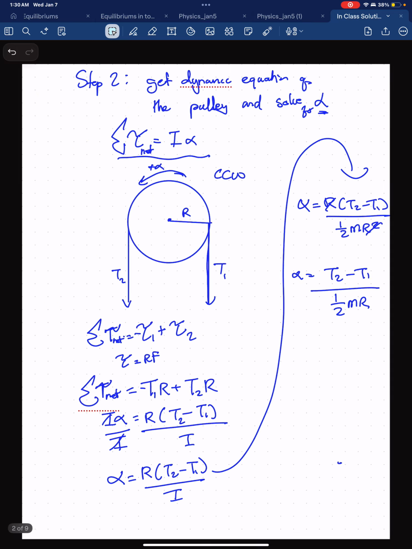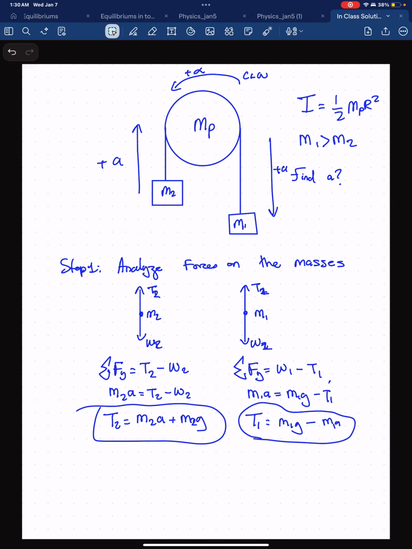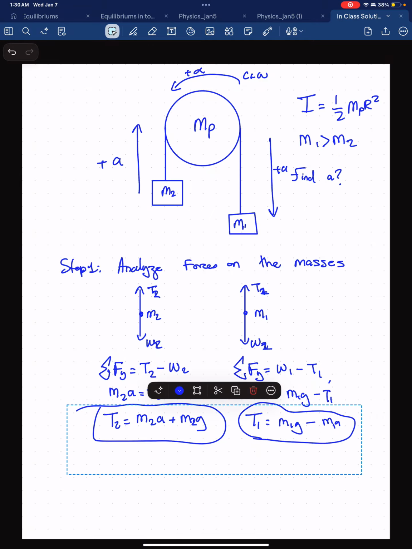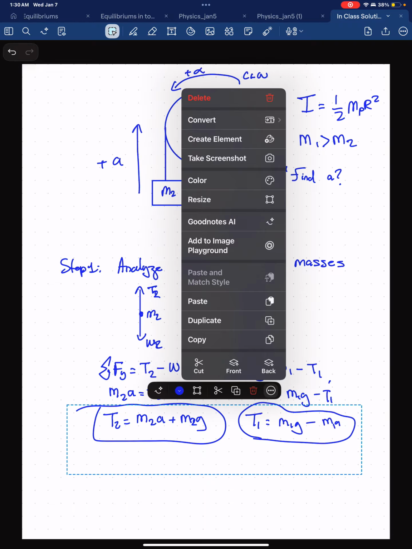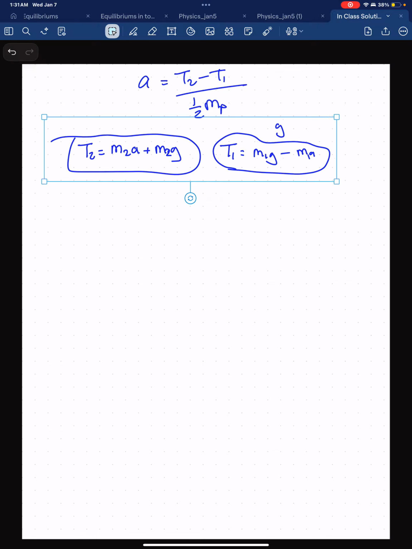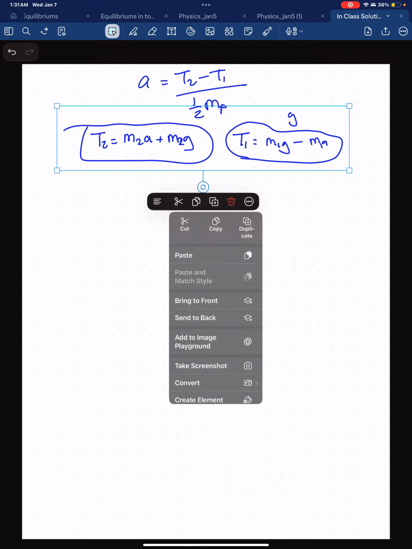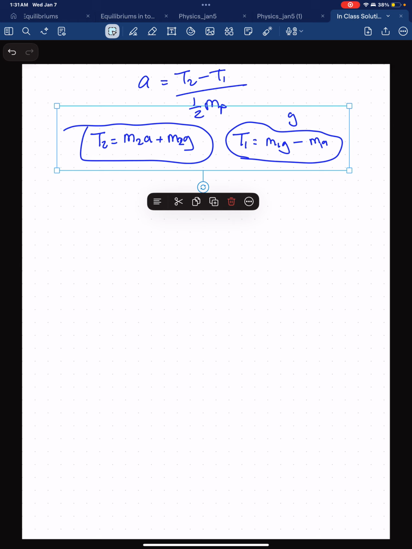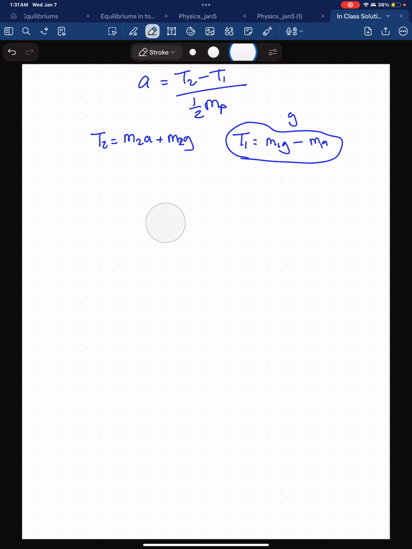Penultimate step. Let's get that T1 and T2 as well, just copying and pasting from the previous page.